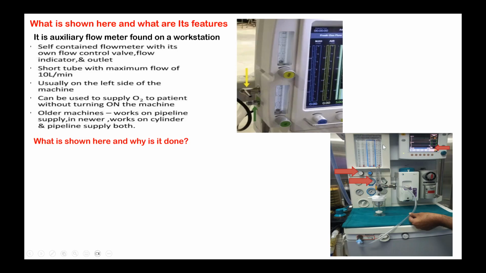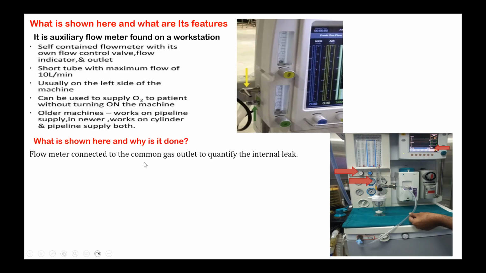So what will happen if there is a leak? The leak can come out only through the common gas outlet, and it will go through this tube and raise the bobbin in the oxygen flow meter that you use in the ward or in the ICU. Okay, so that is the method of finding out the internal leak.